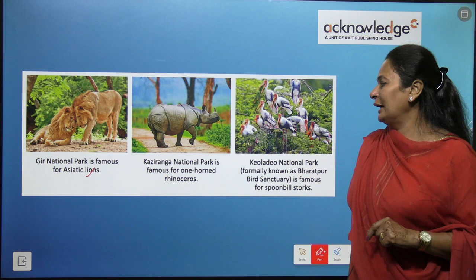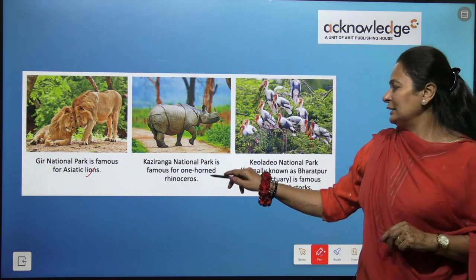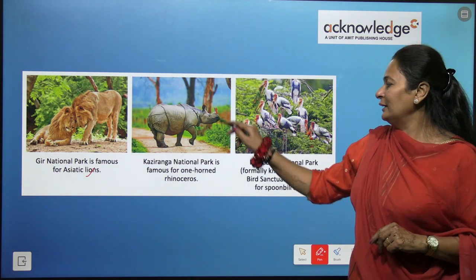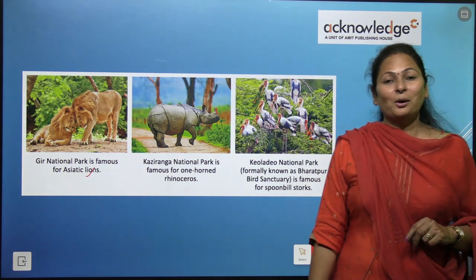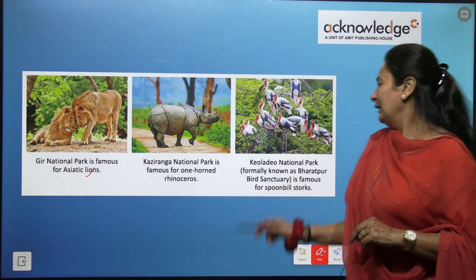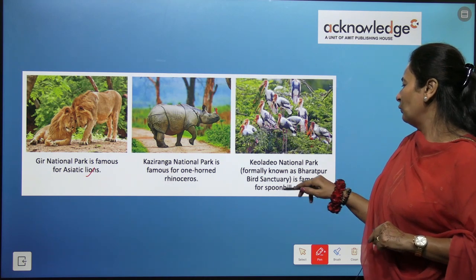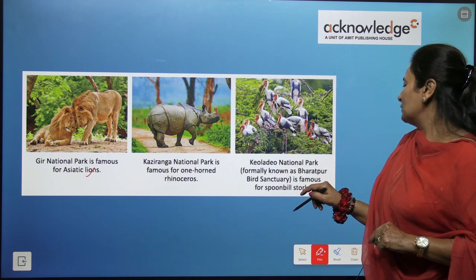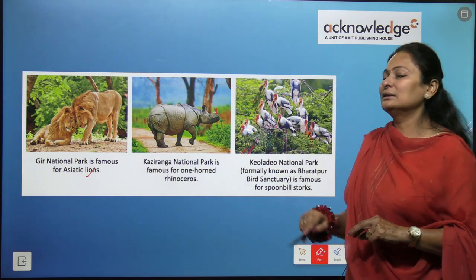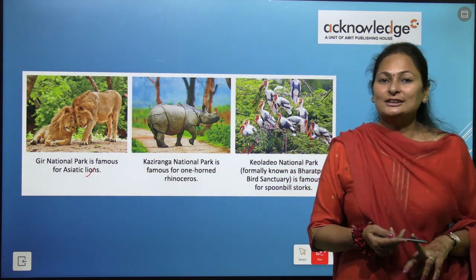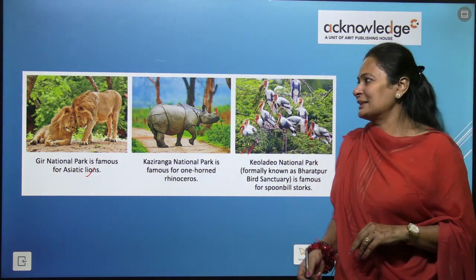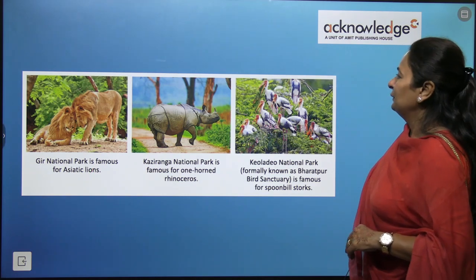Now Kaziranga National Park is famous for the one-horned rhinoceros. The third is Bharatpur Bird Sanctuary, famous for spoonbill storks. This is the bird sanctuary. It is in Rajasthan, right, kids?